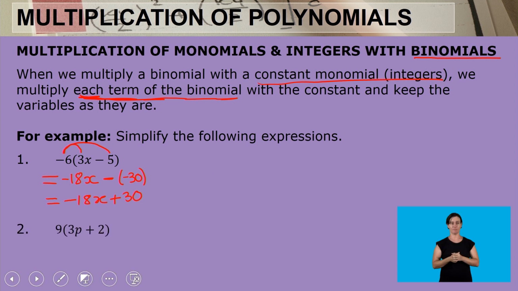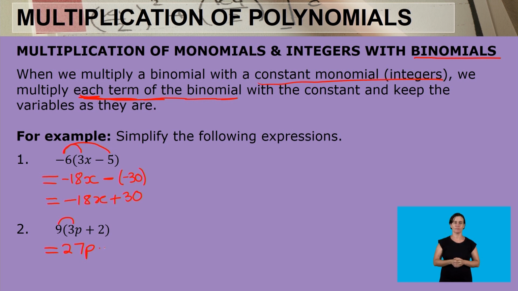So now we have a 9 multiplied by the binomial, which is 3p plus 2. So we are going to now say the 9 multiplied by 3, that is going to give us a 27. So 9 multiplied by 3 is 27. And of course, we have that variable of p, and we are going to write it as it is.